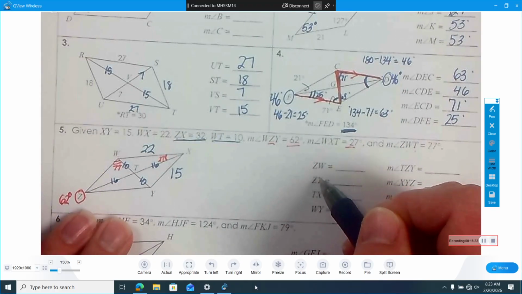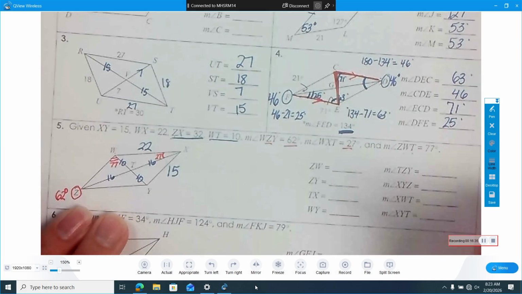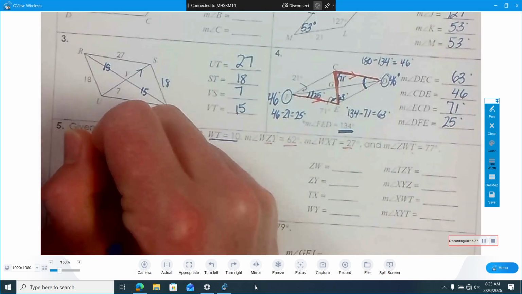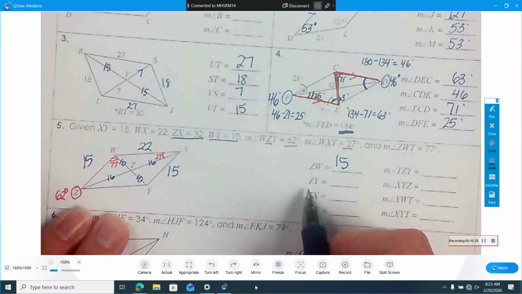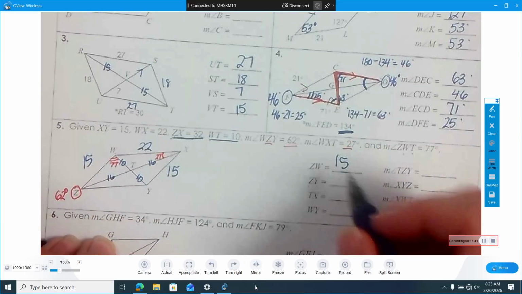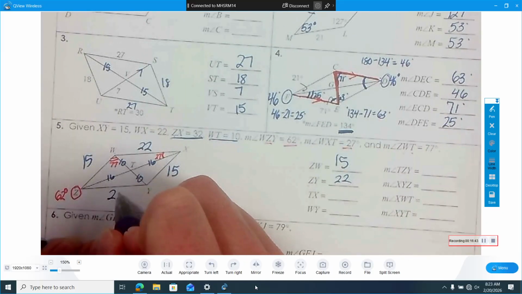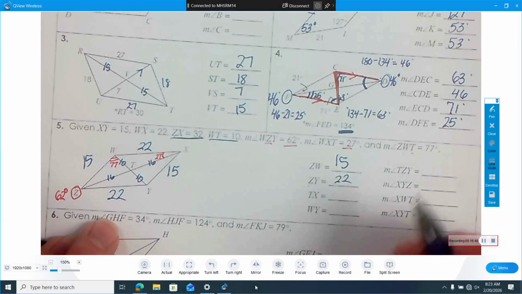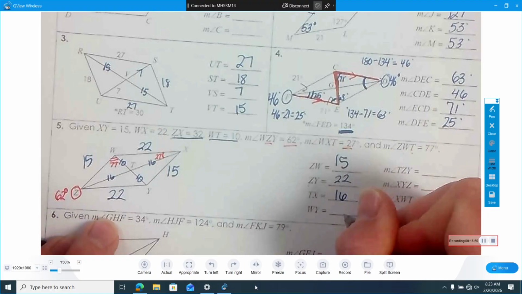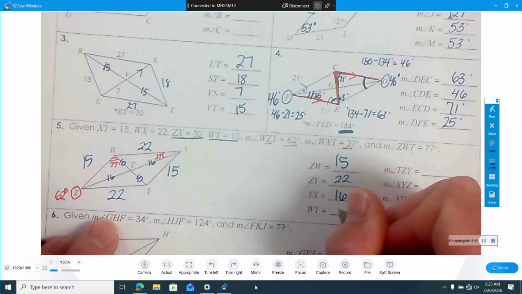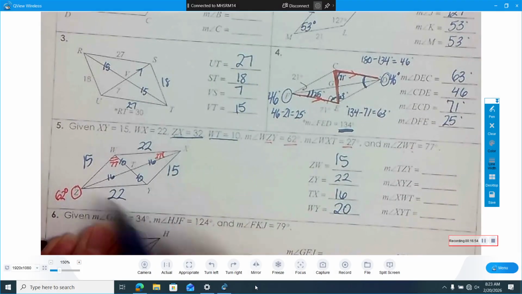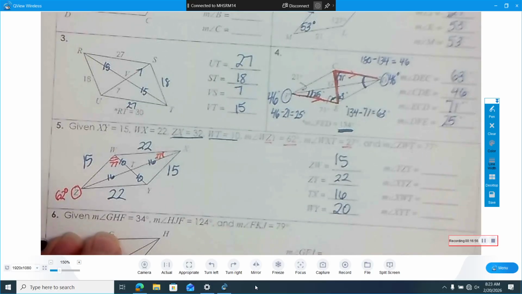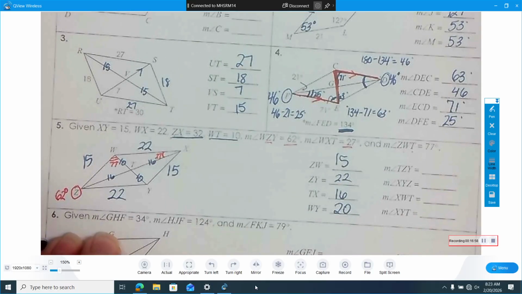ZW is what? 15. Also 15. Very good. ZY is 22. Also, opposite sides are congruent. TX is 16 and WY is 20. Beautiful. Again, when you mark the picture, answering those questions is super easy, right?